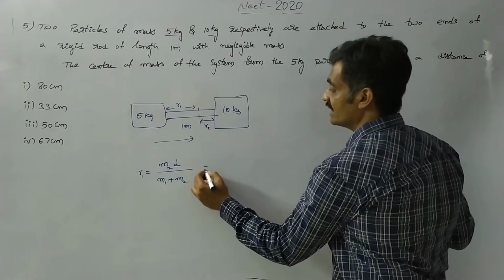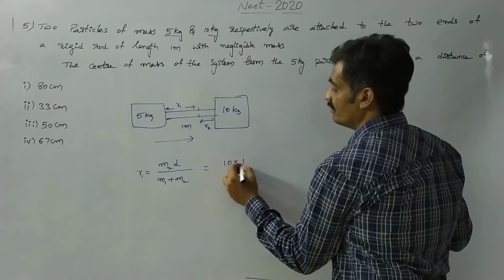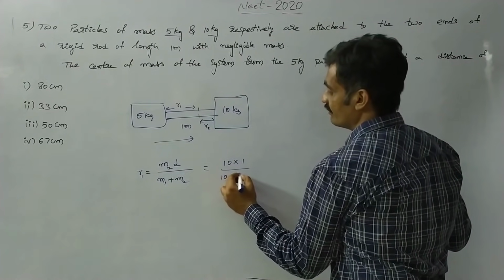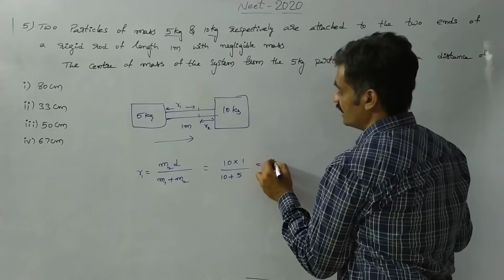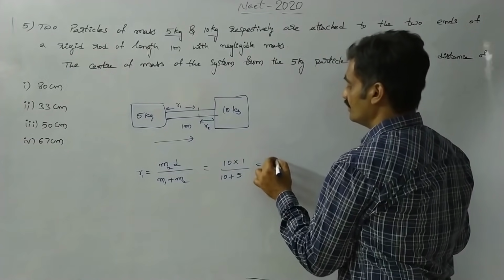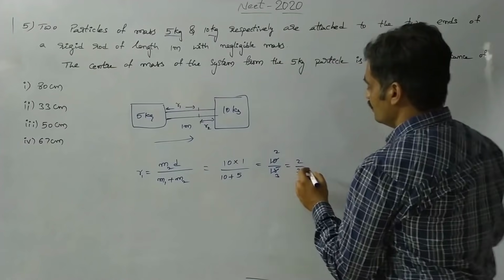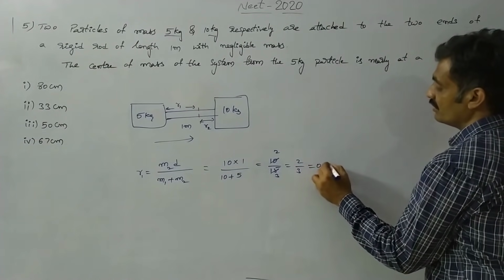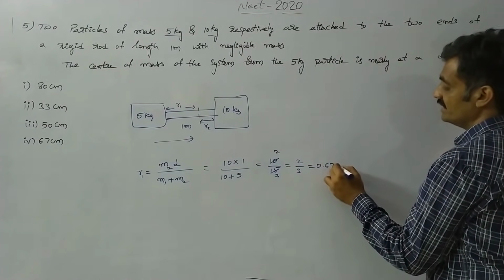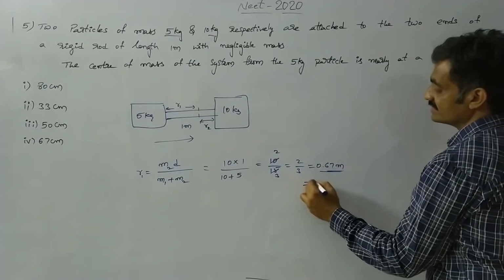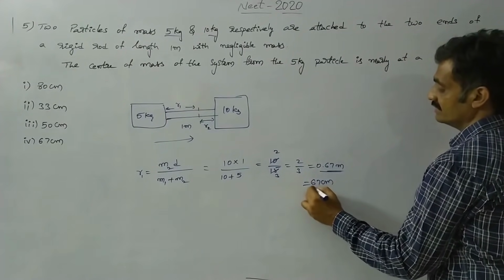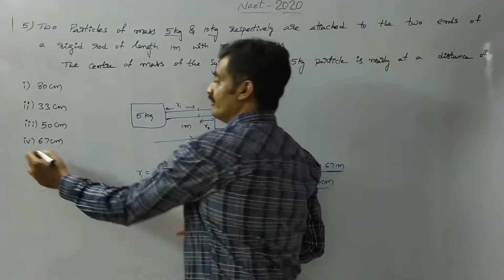We can write it as 10 into 1 by 10 plus 5, which is 10 by 15. 5 2s are 10, 5 3s are 15, which equals 2 by 3, approximately 0.67 meters. In centimeters we can write it as 67 centimeter. So option will be 4.